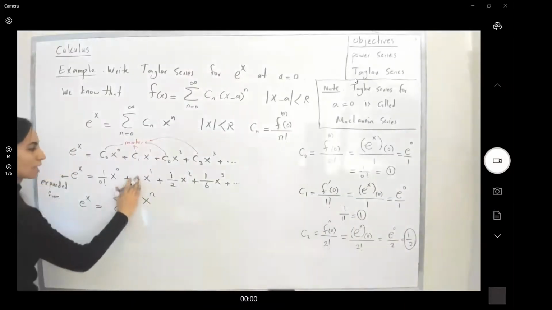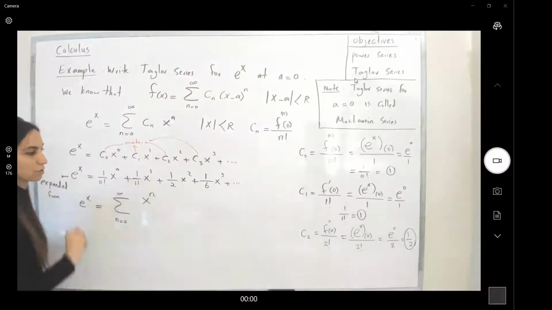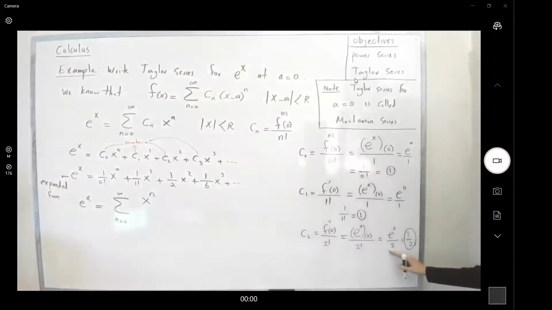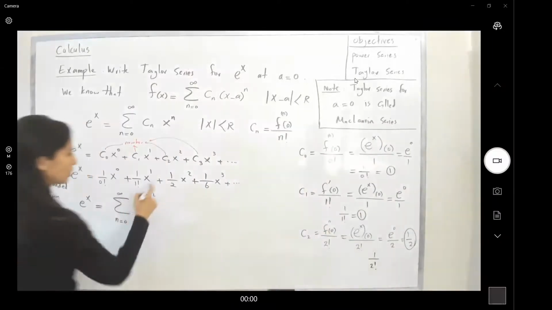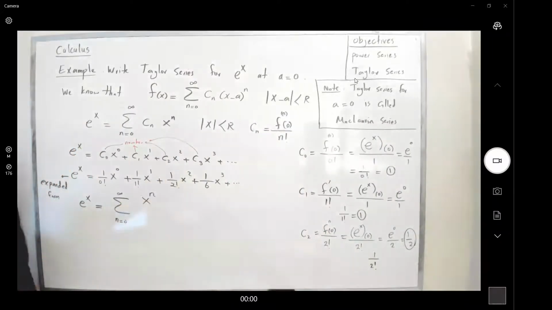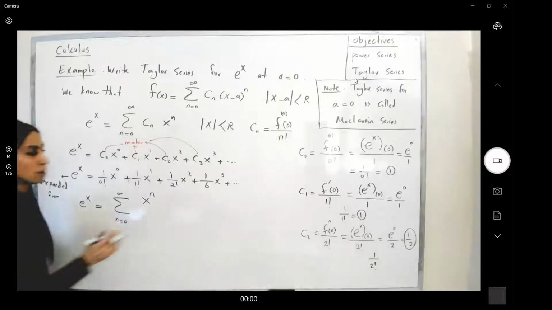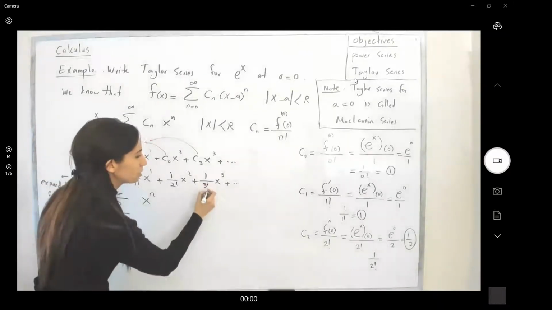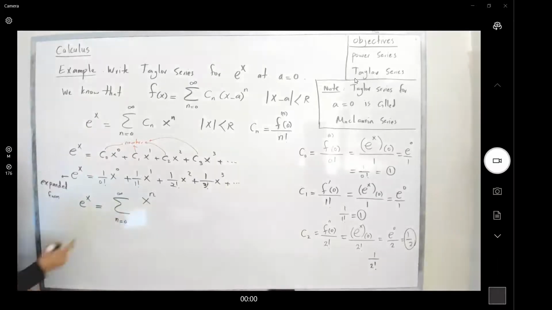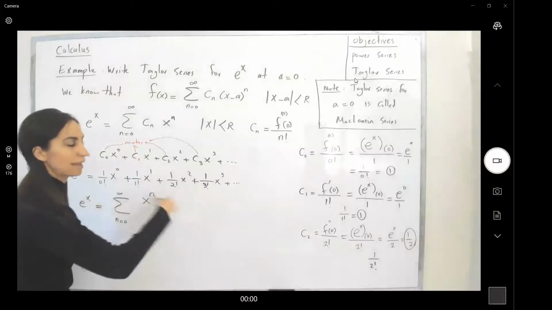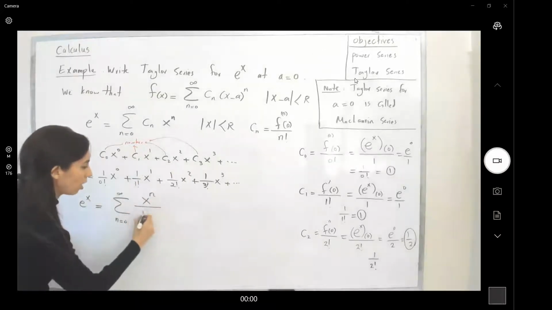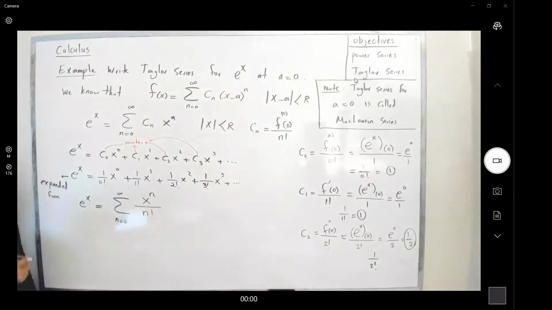The third coefficient is a half. It was 1 divided by 2 factorial. 1 over 6 is nothing but 1 over 3 factorial. Take a look at the denominator, n factorial. So 0 factorial, 1 factorial, 2 factorial, 3 factorial, and the rest of them are located in the denominator, n factorial. So this is our compact form.